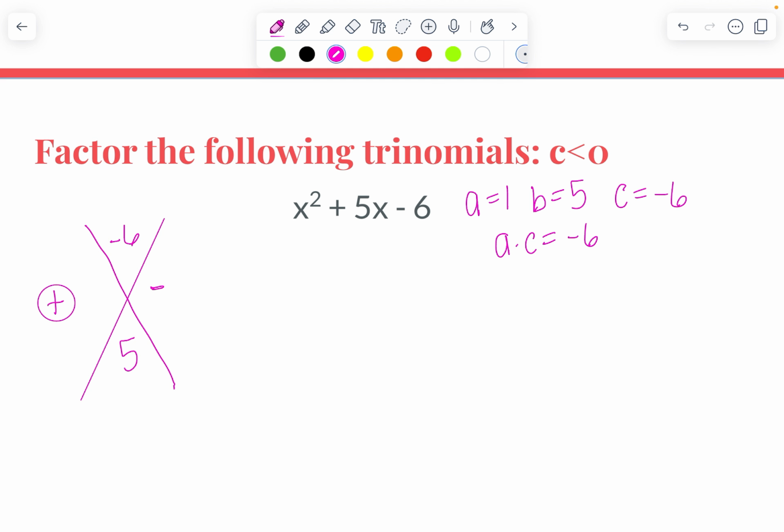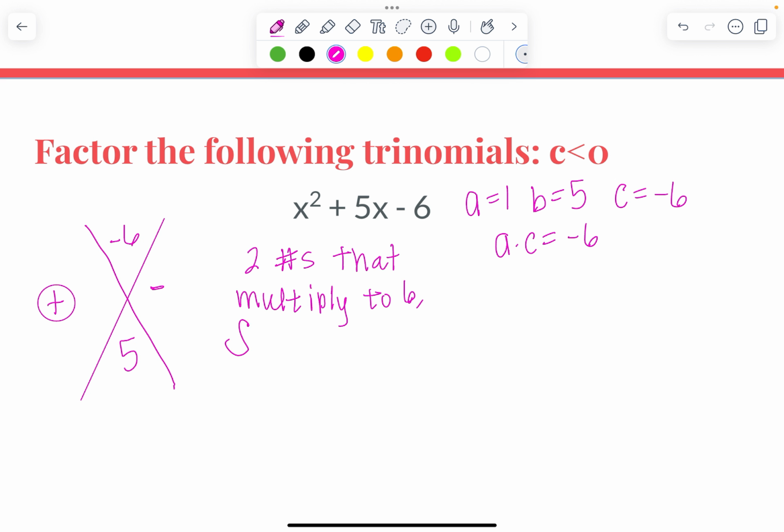In this case, now that we have the two signs put in, the positive and the negative, I want to find two numbers that, again, we're ignoring the signs now, multiply to 6 and subtract. If the signs are opposite, like this case, one positive, one negative on the sides, then we're subtracting to the bottom number.